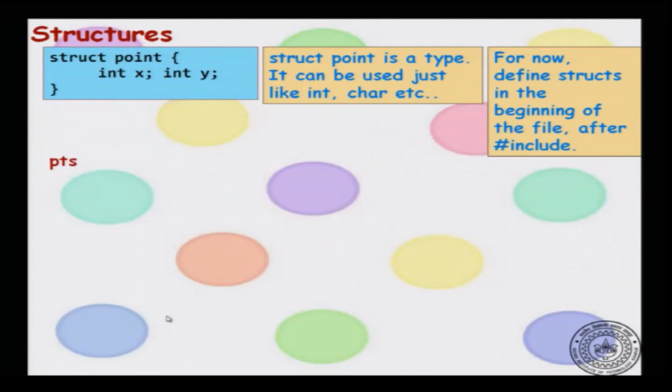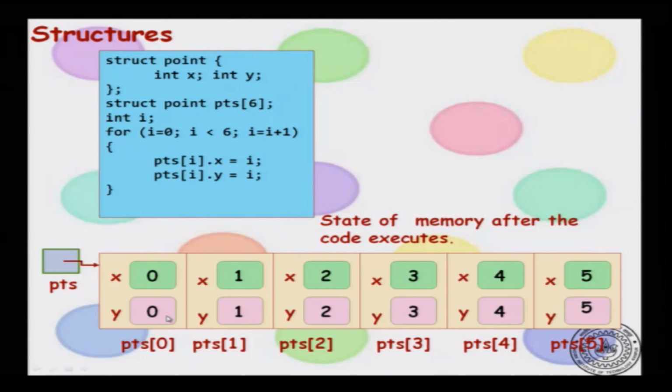Okay. Now, how do I assign values to these elements in the array? So, you would write a loop, for example, of the following form. So, you would say for i equal to 0, i less than 6, i equal to i plus 1 and pts i dot x equal to i. So, pts i is the ith element in the array. The elements in the array are of type struct point. So, pts i will be a struct point variable and that variable has two fields x and y.